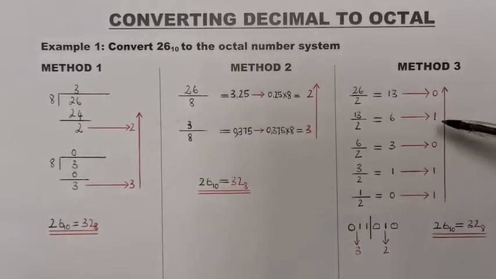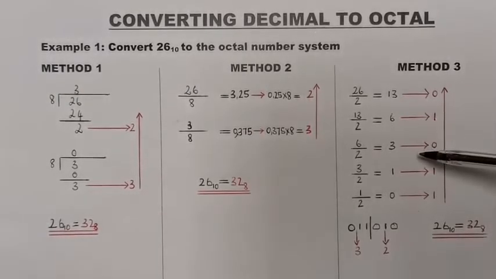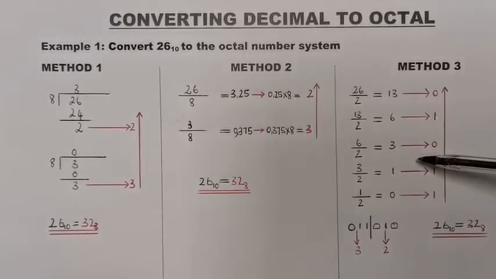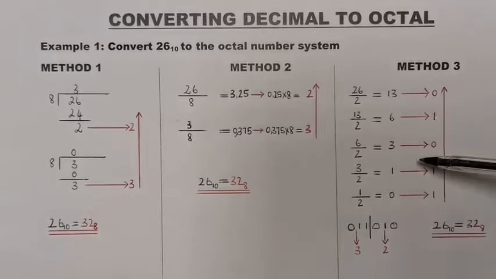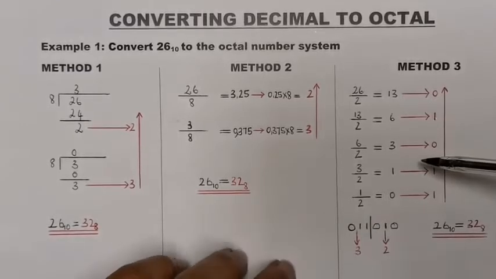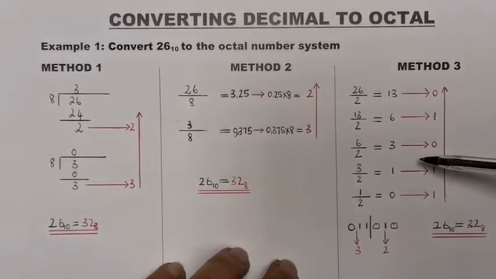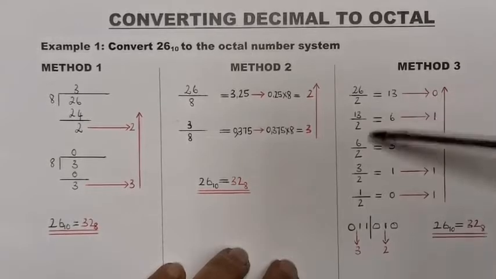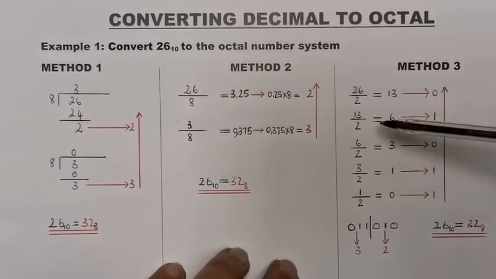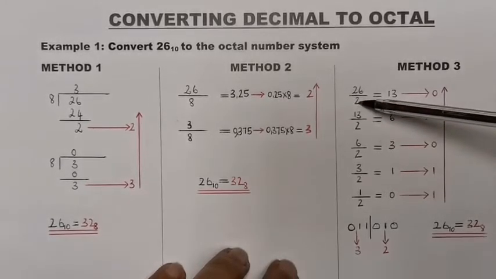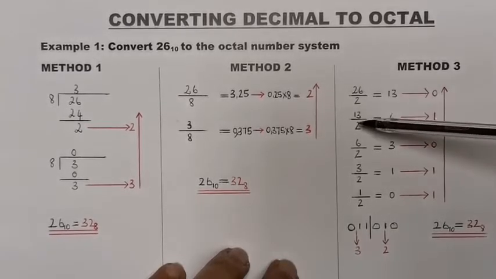My third and last method is where I convert to binary first. I assume that you have seen my video where I convert a decimal number to binary, and that is the same method that I'm using here. Here we're not going to use a calculator, because we're going to say 2 goes into a specific value.